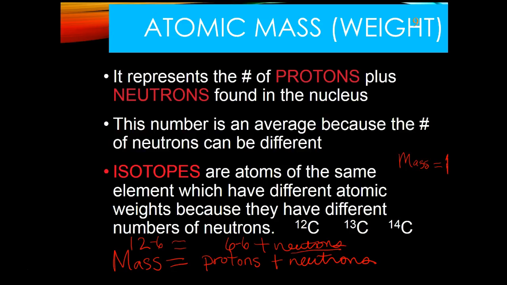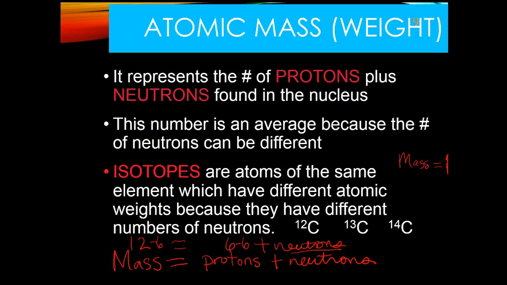So what if I ask you to give me the number of neutrons for carbon 14? Carbon 14 is telling us the mass number, so the mass number for carbon is 14. The proton number, since it's still carbon, is 6. The number of neutrons should then be what? So we're going to take 14 minus the atomic number, or the number of protons, and that's going to give us the number of neutrons.